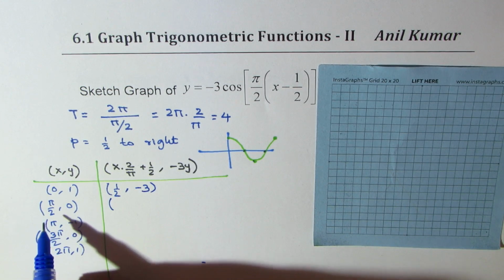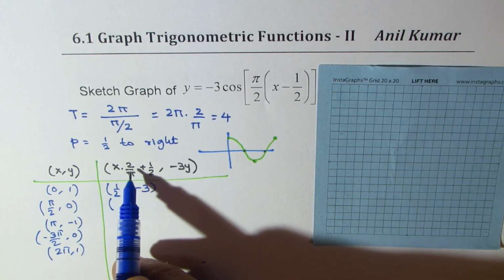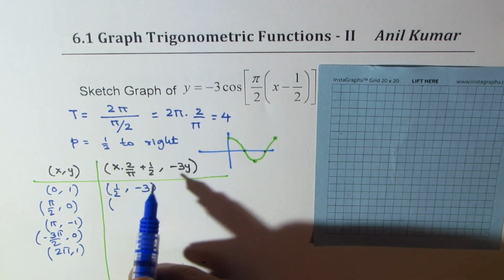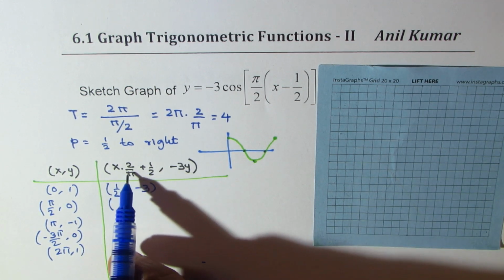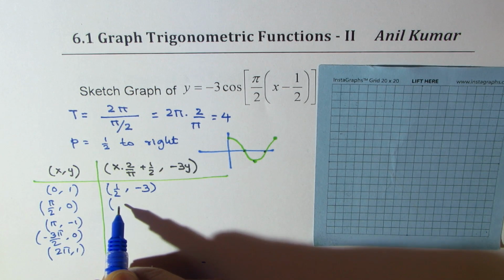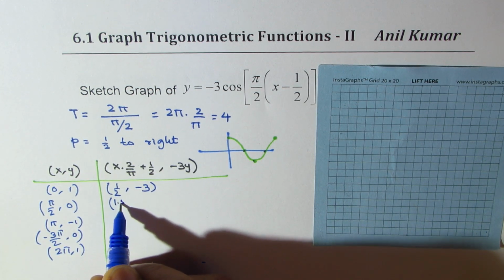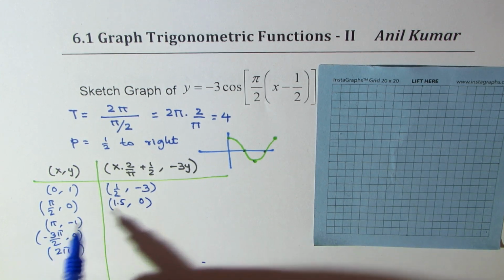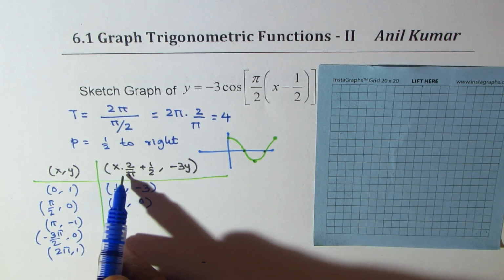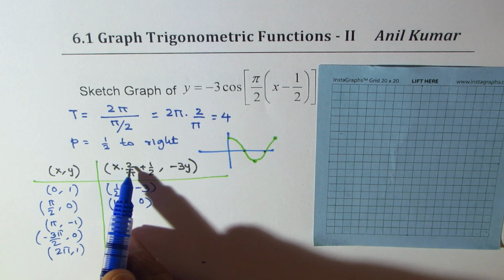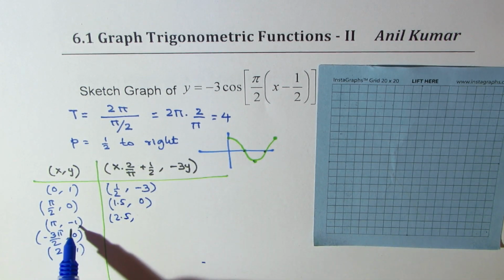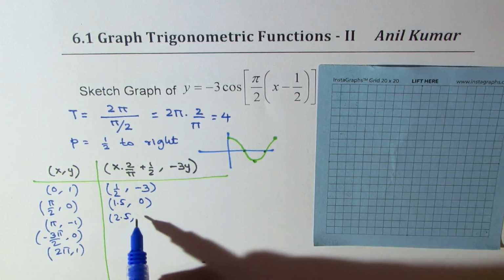For the second case, if I multiply by 2 over pi, the pi by 2 gets cancelled, so just 1, plus half, which is 1.5. Let me write 1.5 here. Then 0 will give us 0 only. If I do pi, then pi cancels for x, so we get 2.5. Let me write 2.5 here. Minus 1 makes it positive 3.